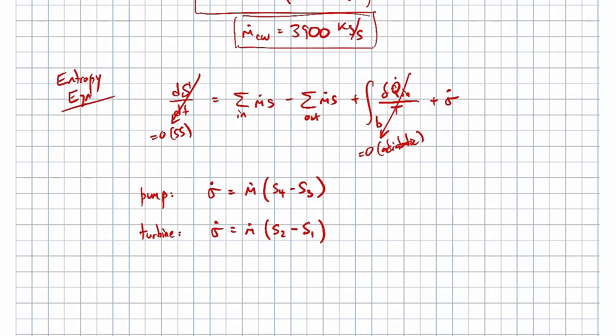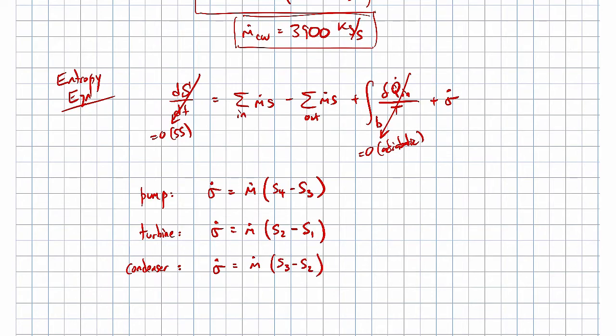And then for the condenser, that one's a little more complicated because we have 2 inlets and 2 outlets. So sigma dot for the condenser should be m dot times, let's see, S3 minus S2.